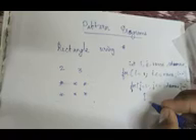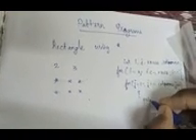So what I am going to do is printf asterisk, and look at this picture, it prints 3 stars simultaneously and the next 3 stars in the next line.